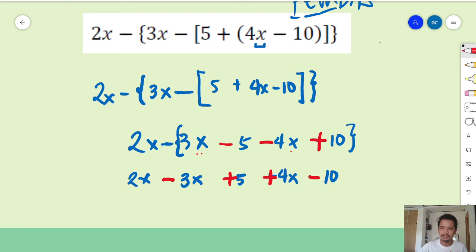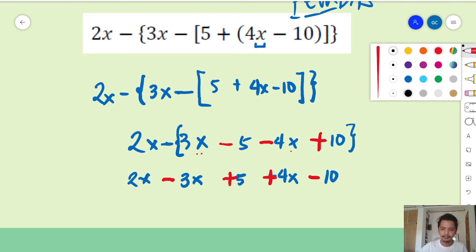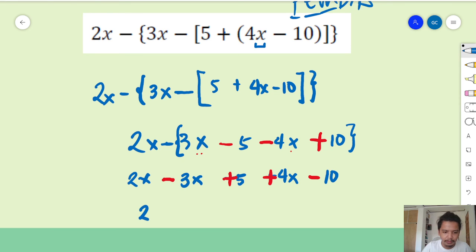So, ang mangyayari dyan, pinagsama-sama na natin similar terms, 2x, x, 3x, x lang din, plus 4x, x lang din. So, we have there 2x minus 3x plus 4x. Tapos pagsasamahin natin yung 5 at saka yung negative 10. So, magkakaroon tayo ng positive 5 minus negative 10.